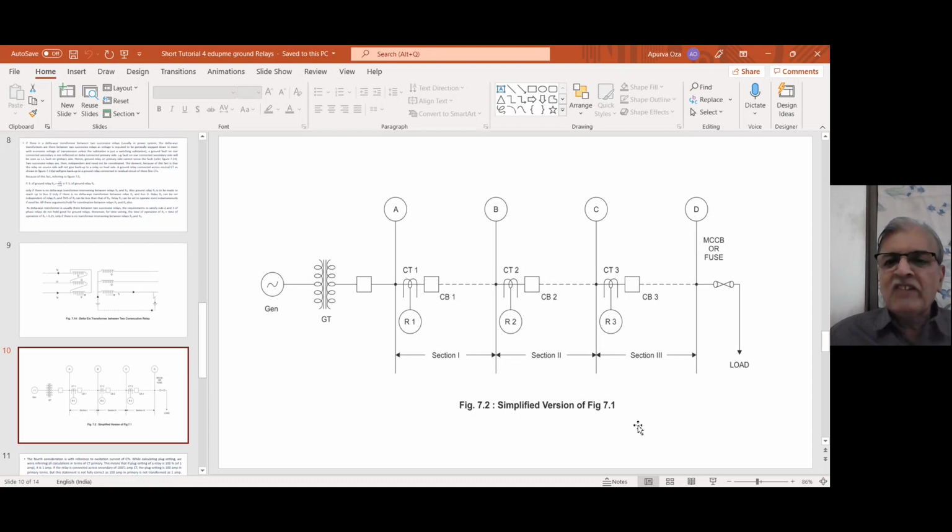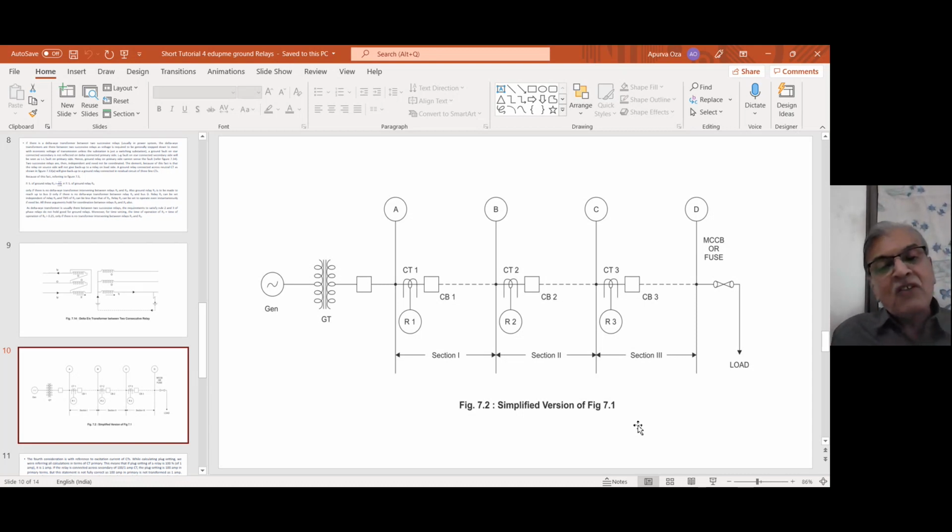That means 220 kV lines come. The incoming line is also 220 kV. The outgoing line is also 220 kV. Then two relays, say R1 and R2. I was telling you that R1 and R2 are not single relays. R1 is 4 relays, as we have seen: 3 phase overcurrent relays and 1 ground relay.